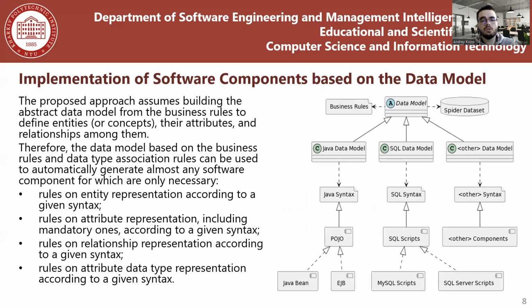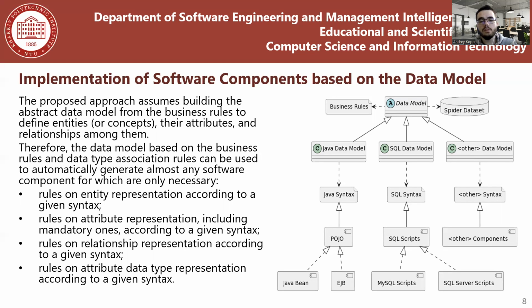The implementation of software components based on a data model assumes building the abstract data model from the business rules, which can be achieved by defining entities or concepts, their attributes, and interrelationships. Therefore, the data model can be based on business rules and data type association rules, which can be used to automatically generate almost any software component.